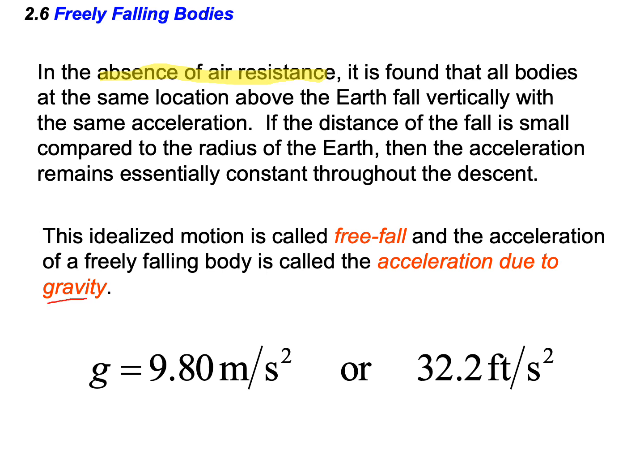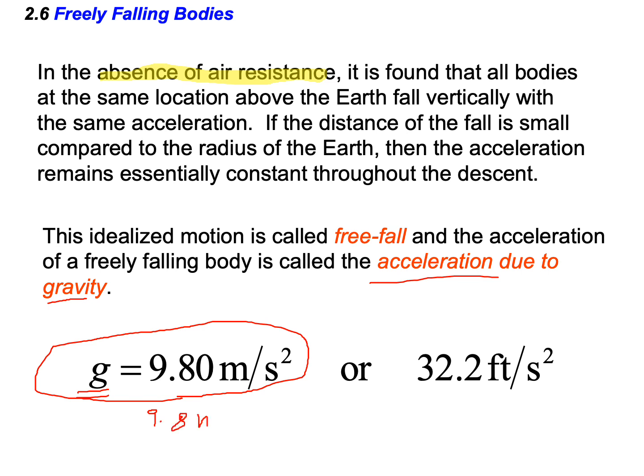We call it acceleration due to gravity, and we use g instead of a, and this exact number is 9.80 meters per second squared, or 9.8 meters per second per second. So every second its speed increases by 9.8 meters per second.